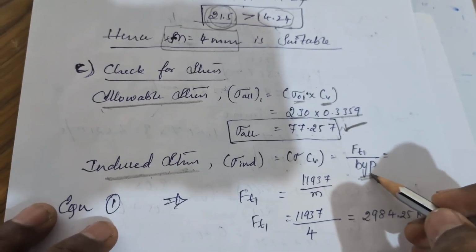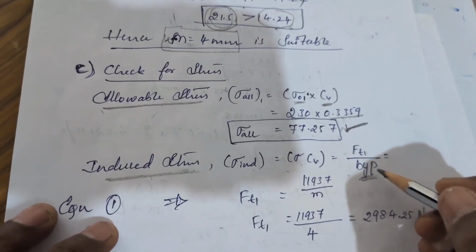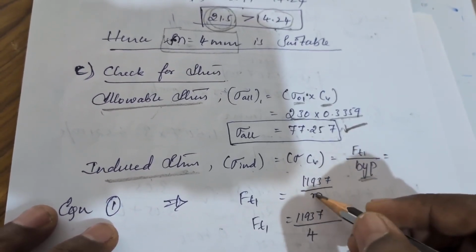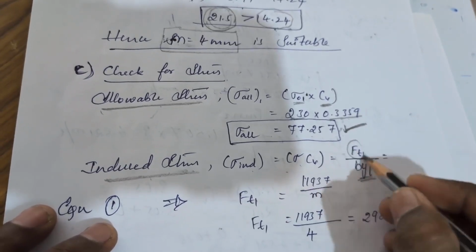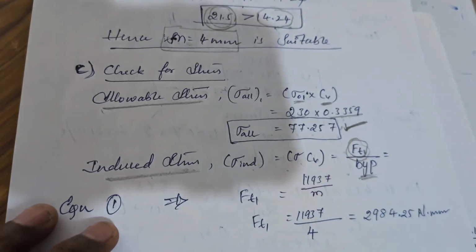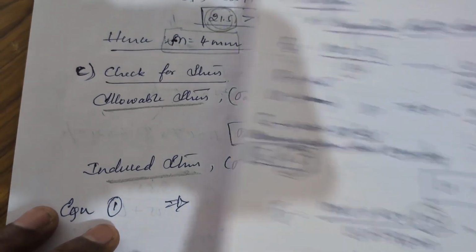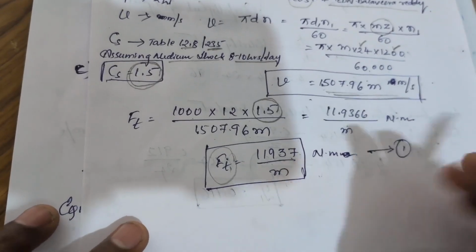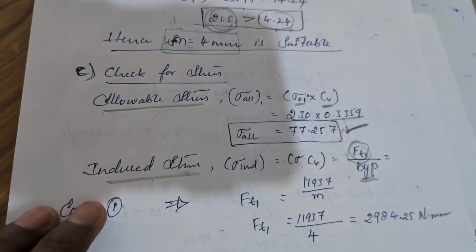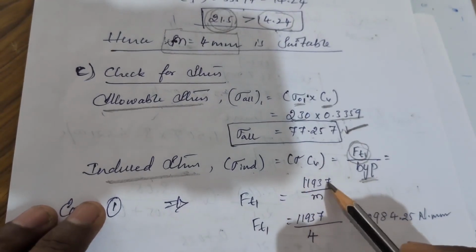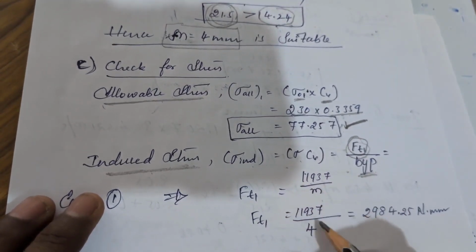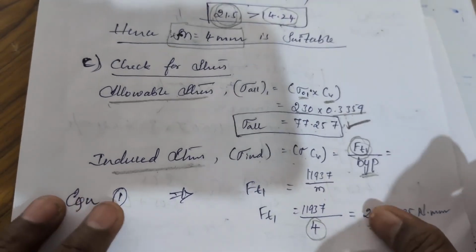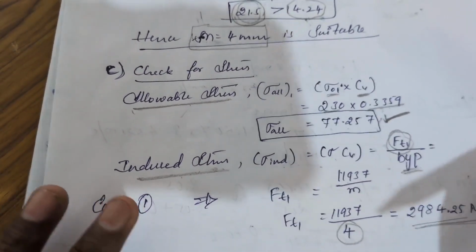In this case, you can see that I will calculate the FT1 value first. In the previous case, this value I have shown in equation 1. The same equation I have written here, 11,937 divided by m. So m is 4, you already know. FT you got this value 2984.25.